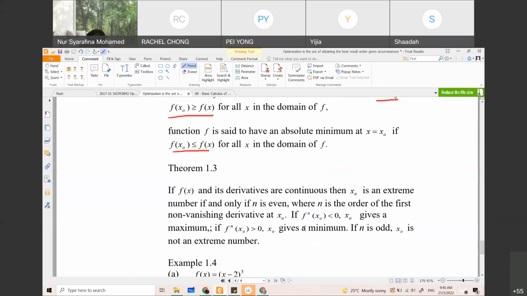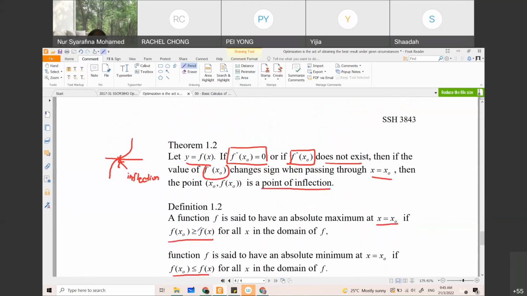If f^(n)(x naught) is less than 0, x naught gives a maximum. If f^(n)(x naught) is greater than 0, x naught gives a minimum. If n is odd, x naught is not an extreme number. So this one is quite the same as the definition of this.